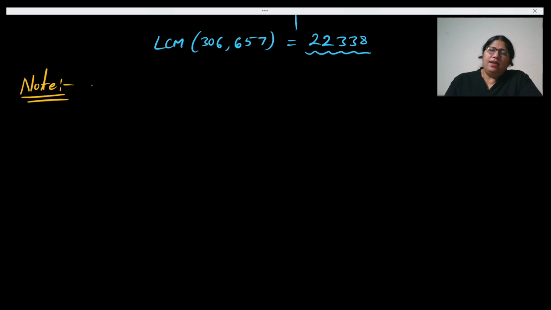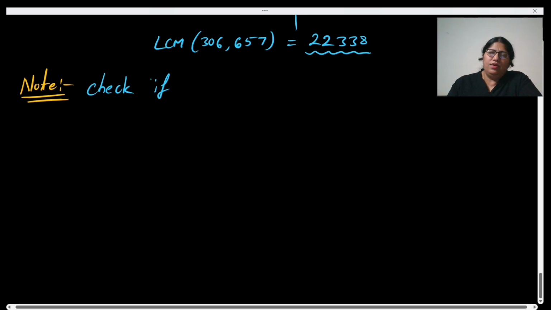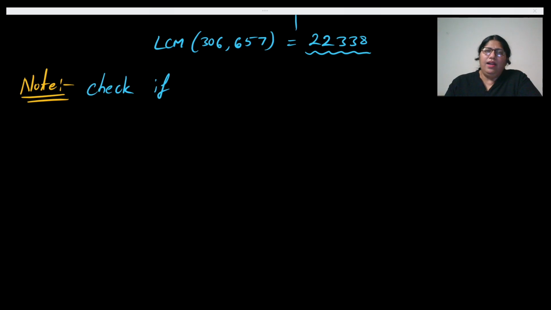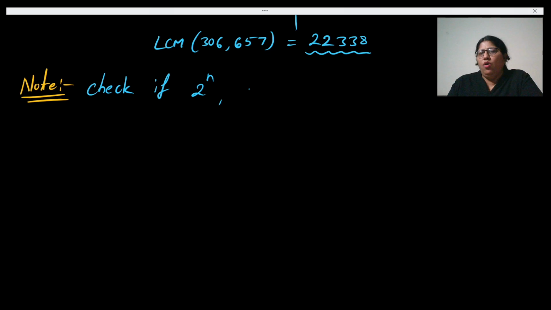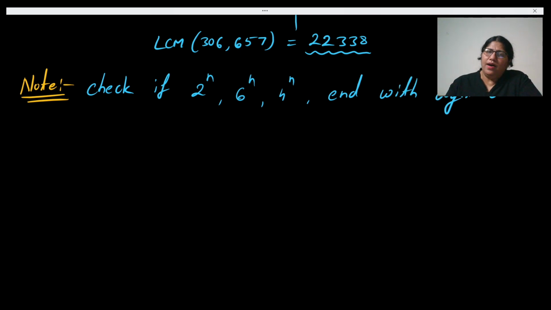It says that the digit in the one's place ends with 0, right? If I take any number, it can be 2 to the power n or 6 to the power n or 4 to the power n. You need to check if it ends with digit 0. That means its ones place value is 0 or not, we need to check.